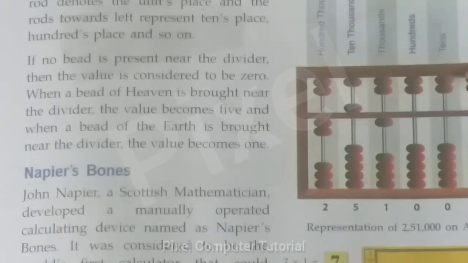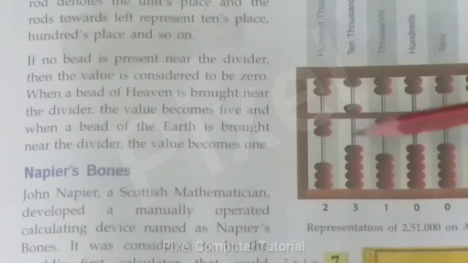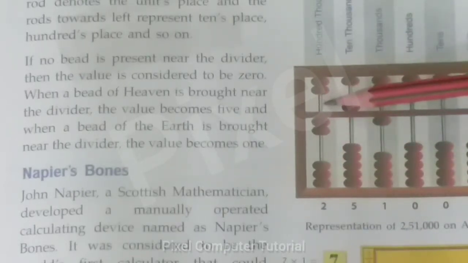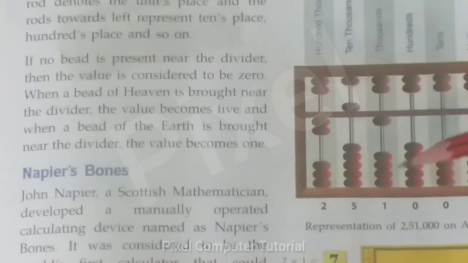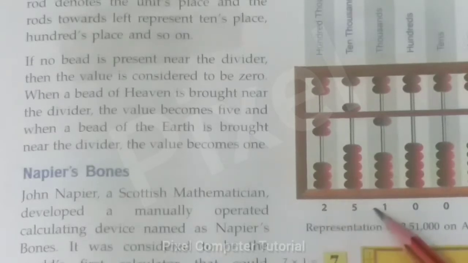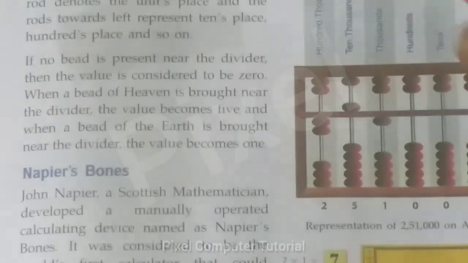In the fourth row, there is one bead on the top. In the next line, there is one bead at the bottom, that is the heaven one, and the earth ones all down. On the next line, the earth beads have 2 and the upper has none. So when you look at these, you see that it is 2,51,000. This is how abacus is used to calculate.